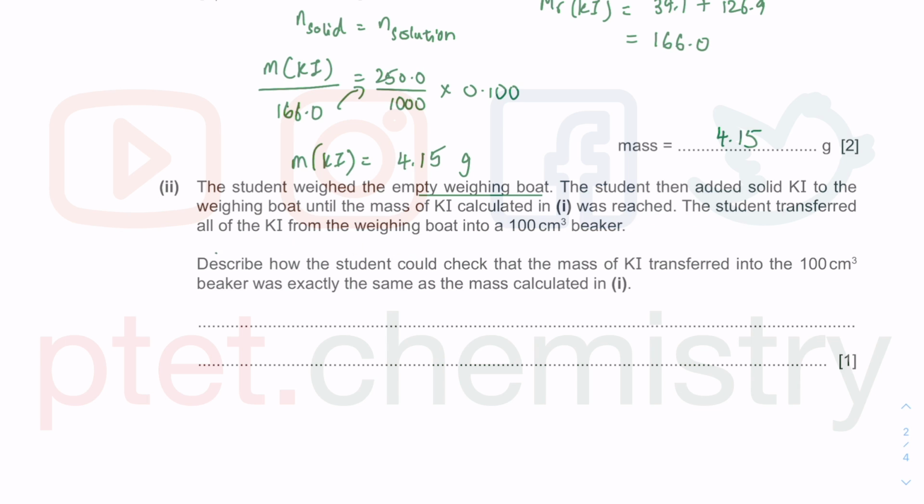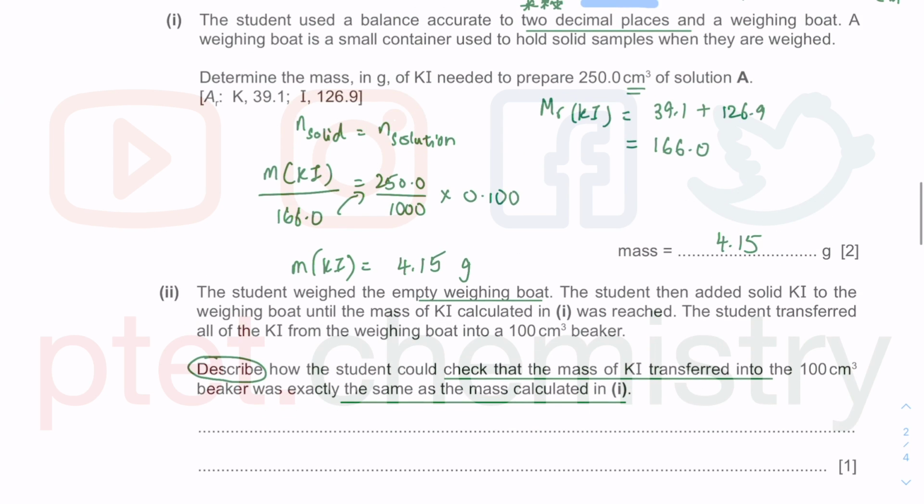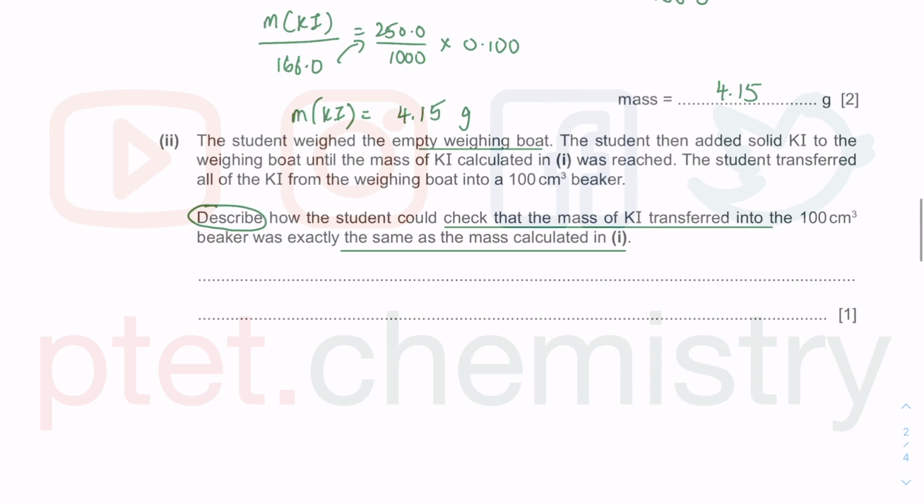How? Describe. How can you check that the mass transferred is exactly the same as the mass calculated in 1? You wanted it to be 4.15 gram of solid added. So what you can do is you can weigh the 100 cm cube beaker, tare, T-A-R-E, is the same as 0.